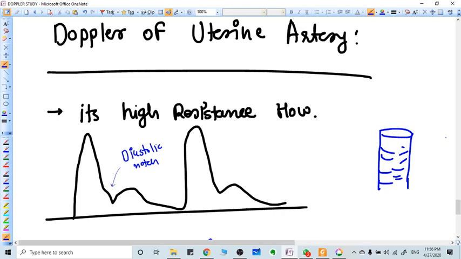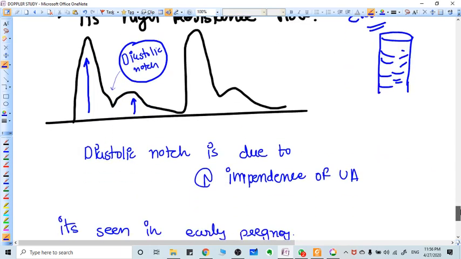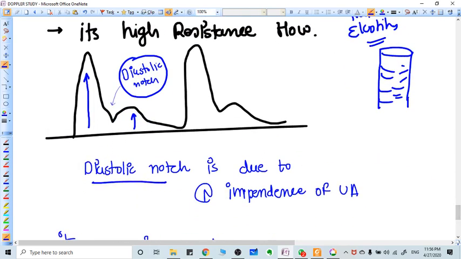So what's seen here, when we talk about color Doppler of uterine artery, the systolic wave is like this, and there is a diastolic wave, but there is a diastolic notch here. The diastolic notch is because of the elasticity or impedance of uterine artery. Diastolic notch is due to normal impedance of uterine artery.